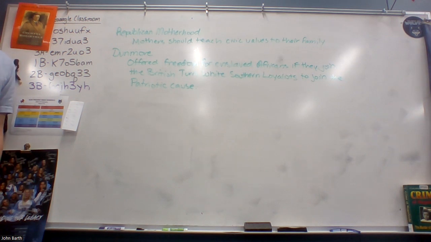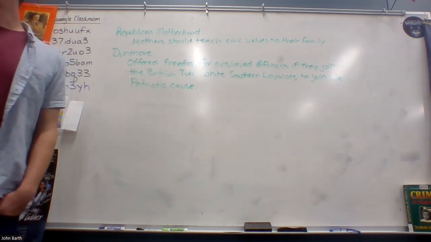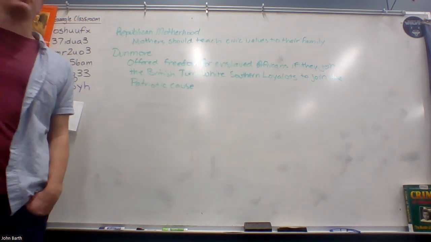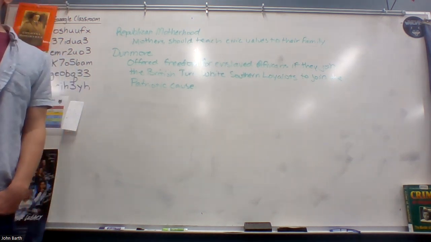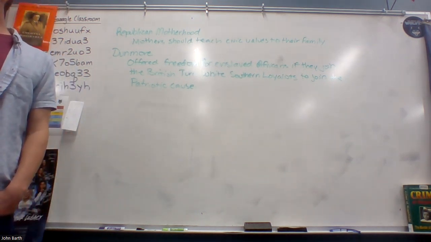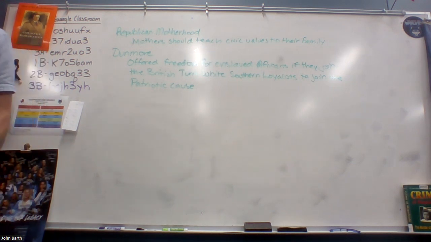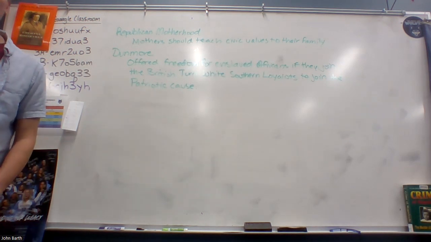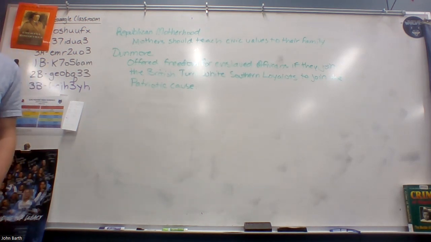So this is a way so they can maintain power. They're going to join up with the patriots and turn away from the British, who they once supported. This is not true for everybody. This is a generalization. I don't know why it says Dunmore's War on there. It should be Dunmore's Proclamation. I think that's what it says in your textbook.